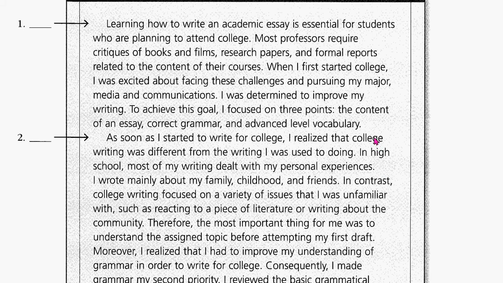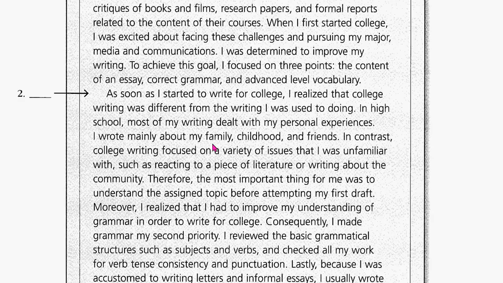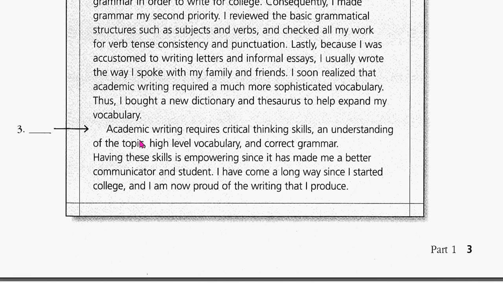So the thesis is just a very short title, in this case 3 short titles: the content, the grammar, and vocabulary. I'm going to take this one, the grammar, and show you how it connects to the actual essay and the topic sentences. So correct grammar, and I go down here, 3rd paragraph.